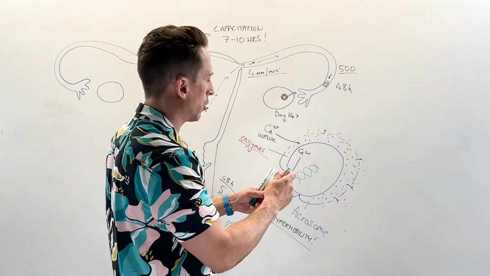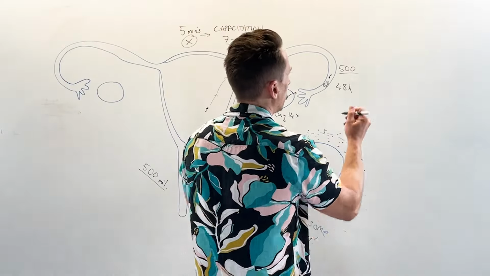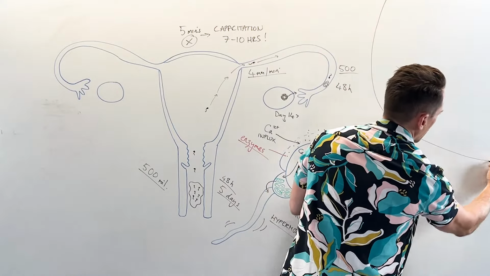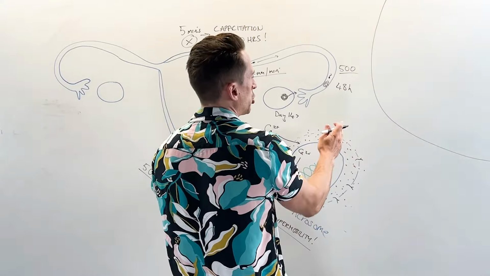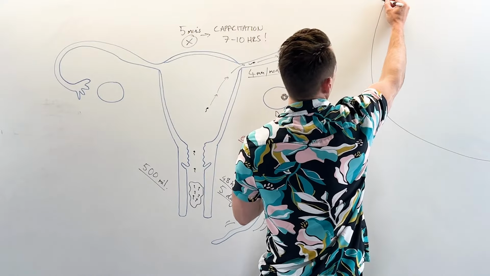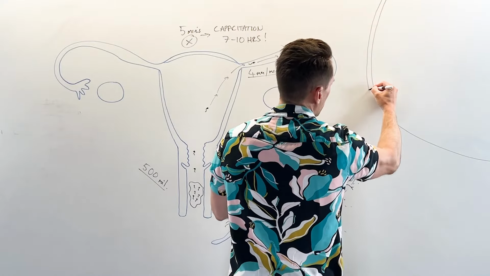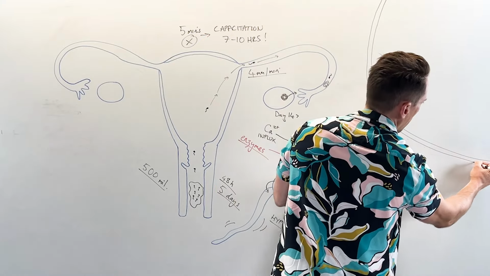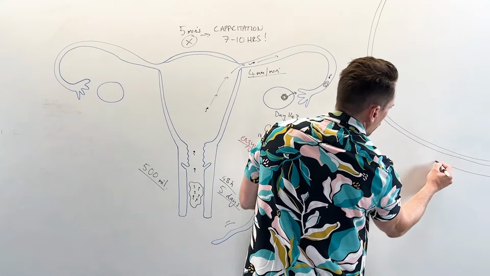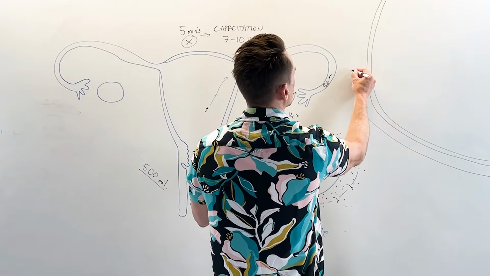Now let's talk about the oocyte. So I'm going to draw up a giant oocyte here. So there's the oocyte shell, right? But we know that there's a space between the oocyte here and the next structure, which we call the zona pellucida. So here's the zona pellucida.